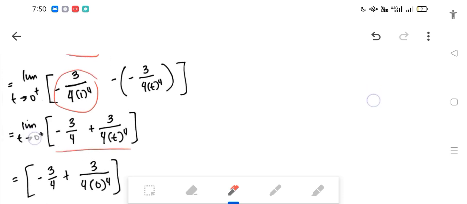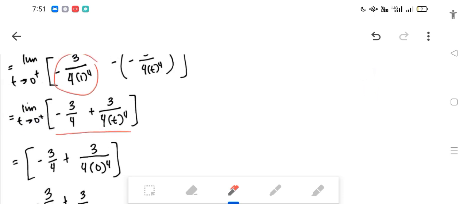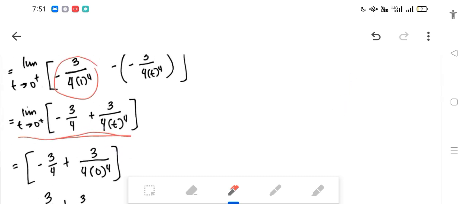So now we have negative 3/4 plus 3 all over 4 multiplied by t raised to 4, and at this point we can now evaluate the limit of this one.